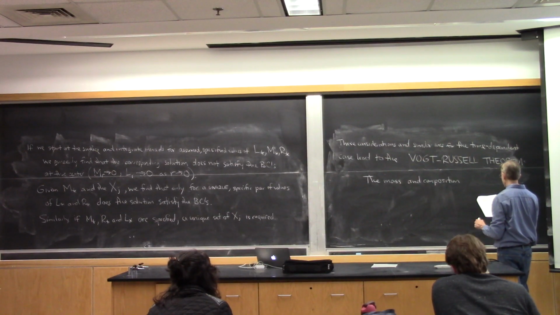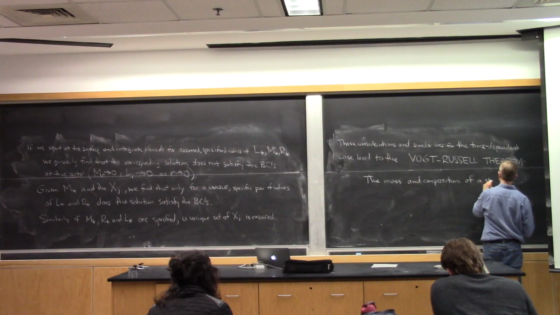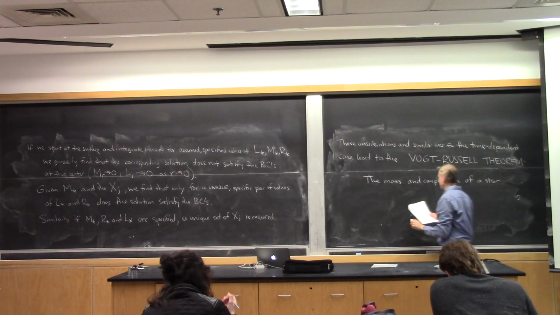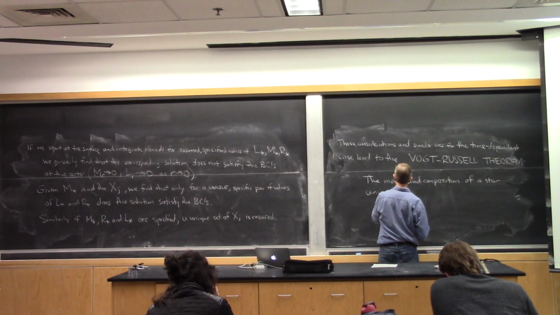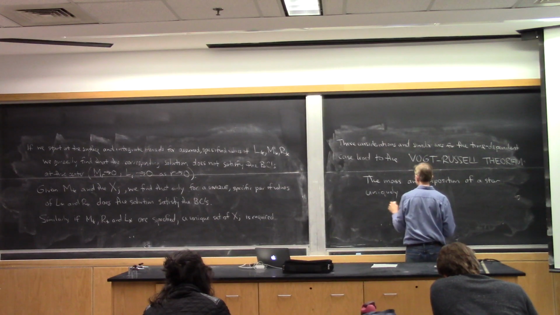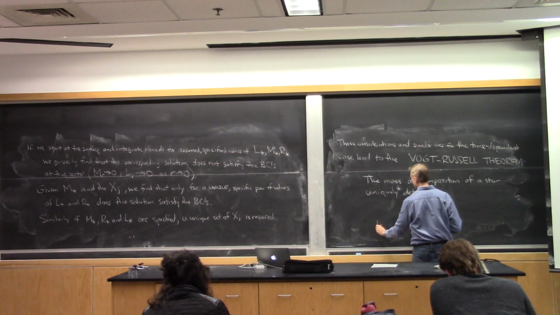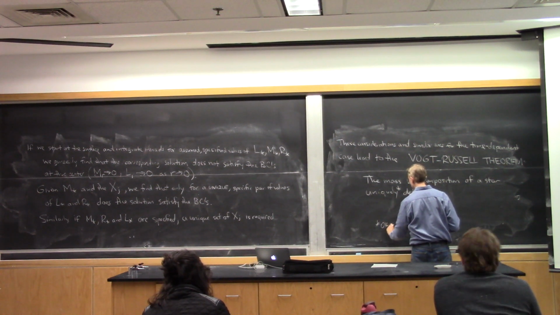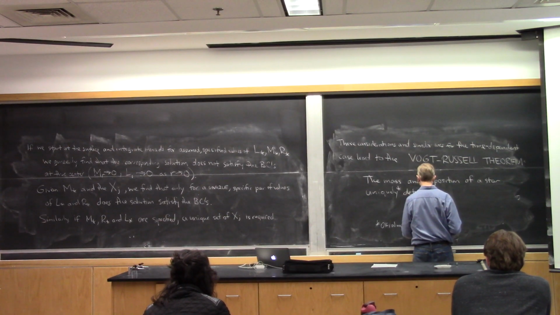But the mass and composition of a star uniquely determine, again, that's a little bit of a lie, because the angular momentum does play a small role, but these are overwhelmingly the most important factors, mass and composition. Uniquely determine, so asterisk, okay, almost uniquely, leave me alone.